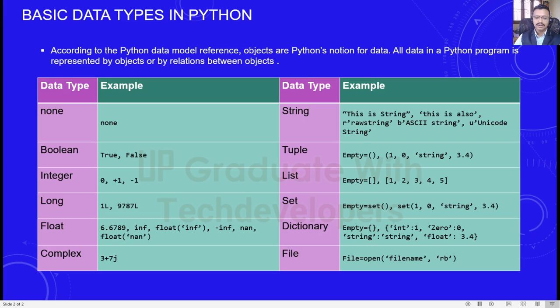Tuples are immutable lists, or unalterable lists, whereas lists are mutable, or we can also say an alterable list of elements. So tuples are immutable, whereas lists are mutable. We will see how tuples differ from lists in the data structures section separately.